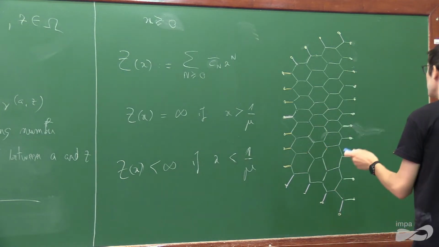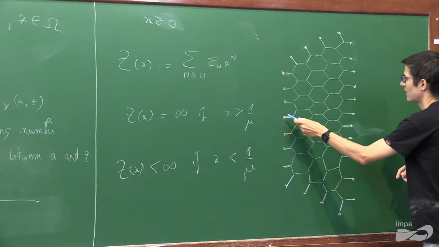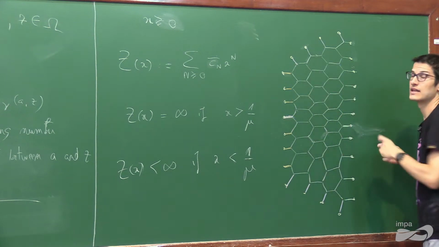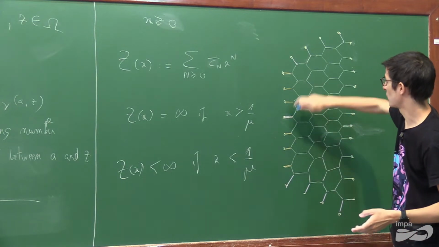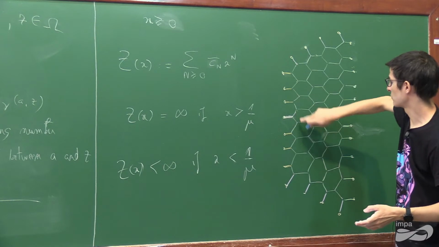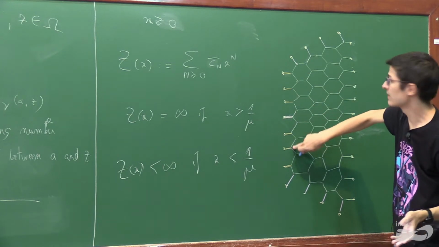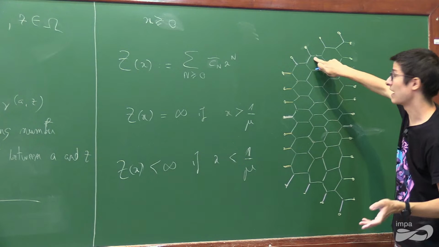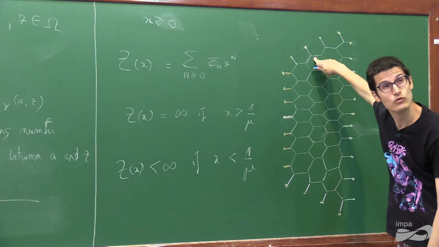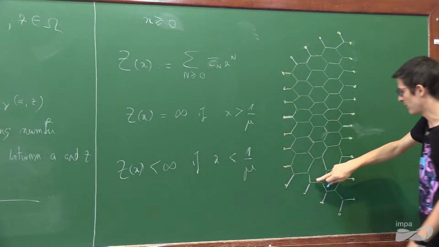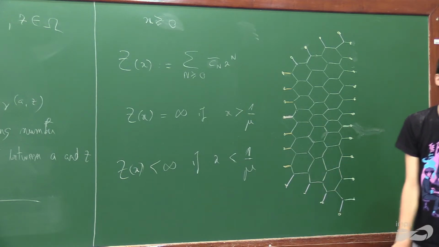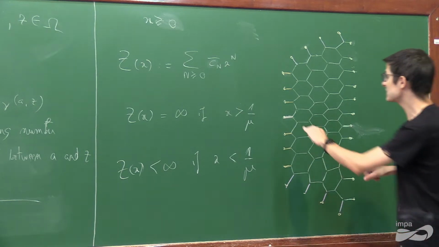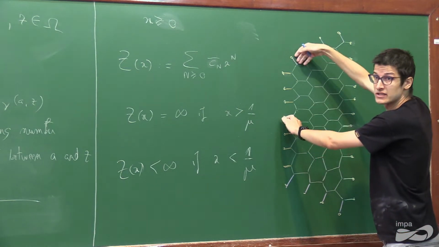And for the same reason, if I look at the winding number of a walk that ends up here or there, it will have a fixed value. If I want to end up here, the winding number will have to be pi. If I want to end up here, it will have to be minus pi. If I want to end up here, it will have to be 2 pi over 3. And if I want to end up here, on the boundary, it will be minus 2 pi over 3. Basically, it's just the angle between these mid-edges.